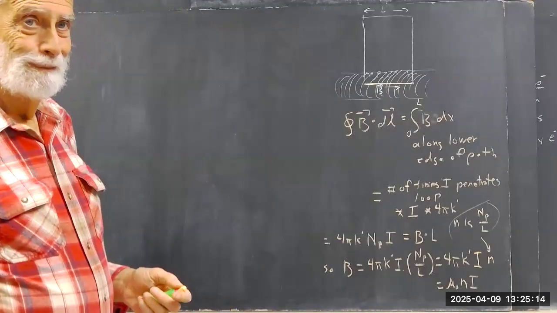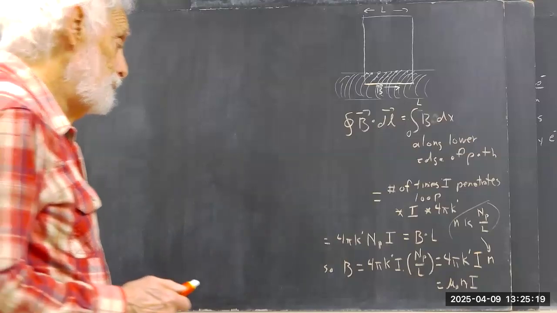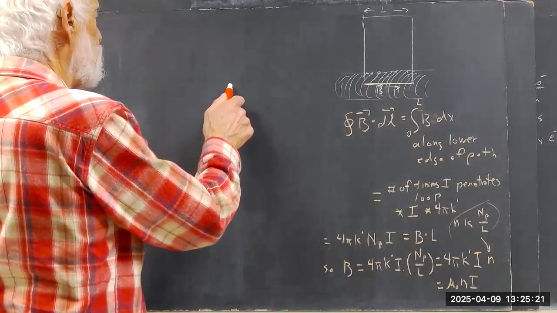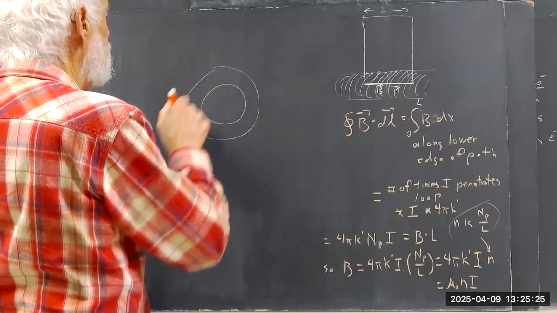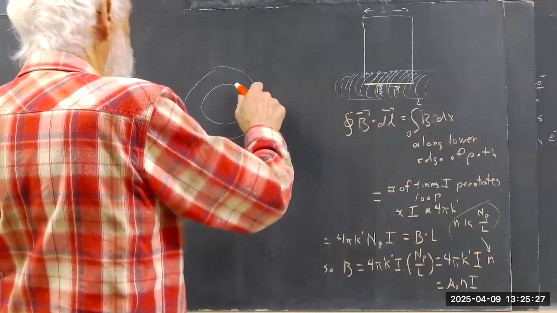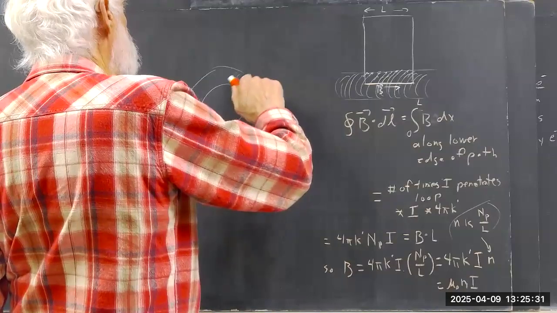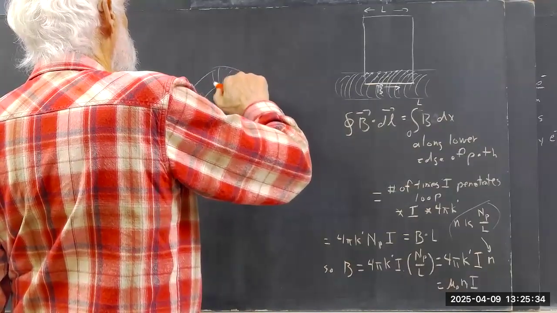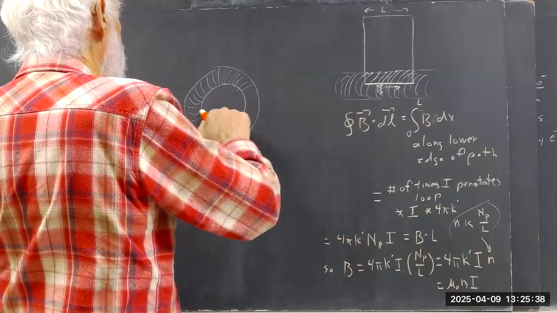Now, what about a donut? A torus. Okay, so if you got a torus, I'll just symbolize this by an annular ring, and then I'm just going to indicate a bunch of loops around the thing. This just indicates a winding.